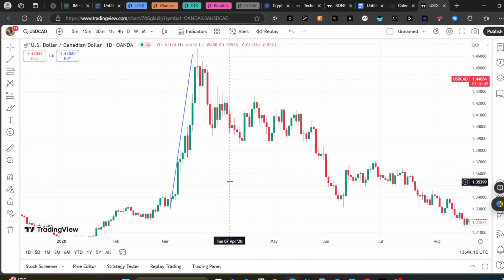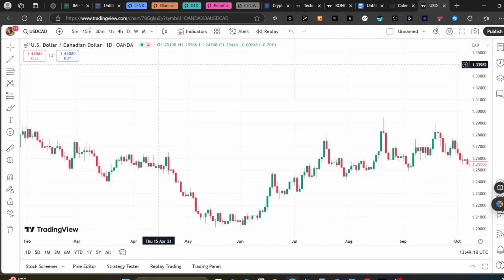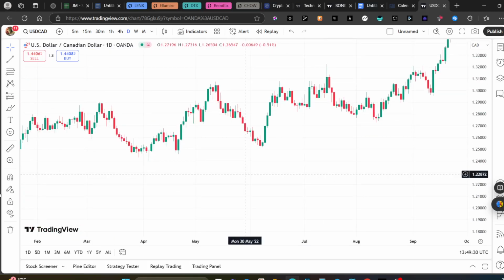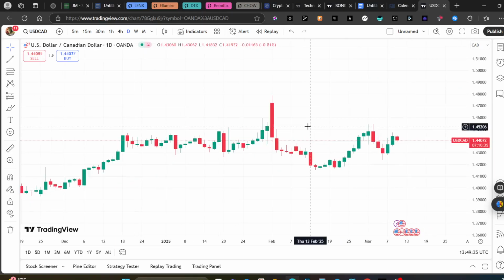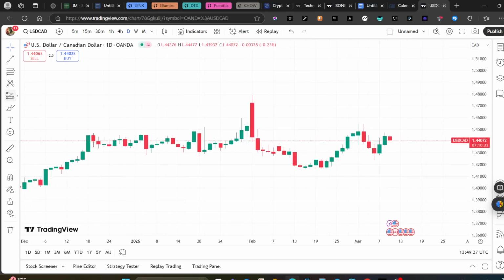And then sometimes you might notice gaps in price. There was a gap that occurred somewhere around here. Can you see? Let me just mark out this point.